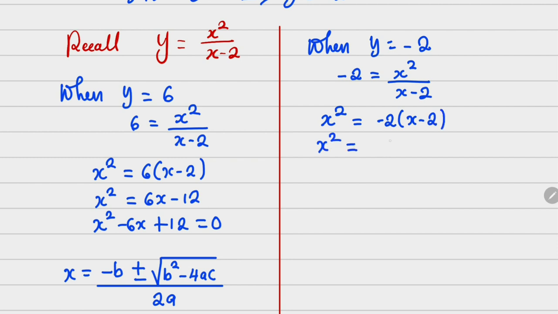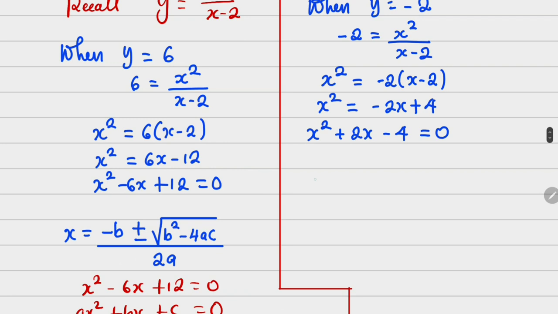Now x squared will be equal to minus 2x plus 4. Bringing it together, we have x squared plus 2x minus 4 is equal to 0. Yet not factorizable, so we can use the formula. x now will be equal to, just as we did in the first case, minus b, which is minus 2, so we have it this way. Then plus or minus root of 2 all squared, then minus 4 into a, which is 1, then into minus 4, right?